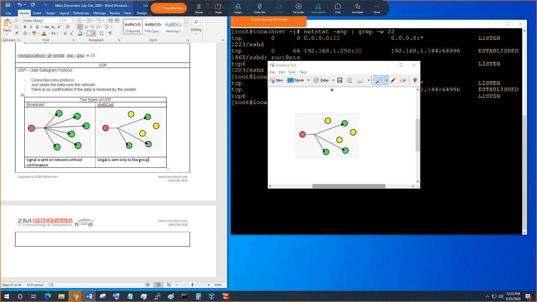Signal is sent only to the hosts in the group, without confirmation.